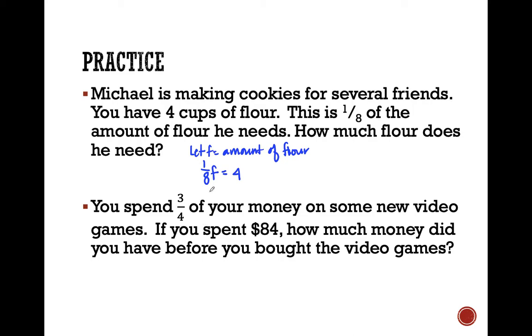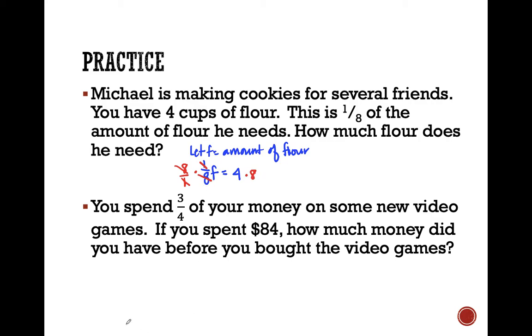Okay, now that we have the equation, I would like for you to solve it. Okay, to solve this one, you should multiply both sides by the reciprocal of the number next to the F, which is 1/8. So flip that, make it 8/1. The 8's cancel, the 1's cancel.